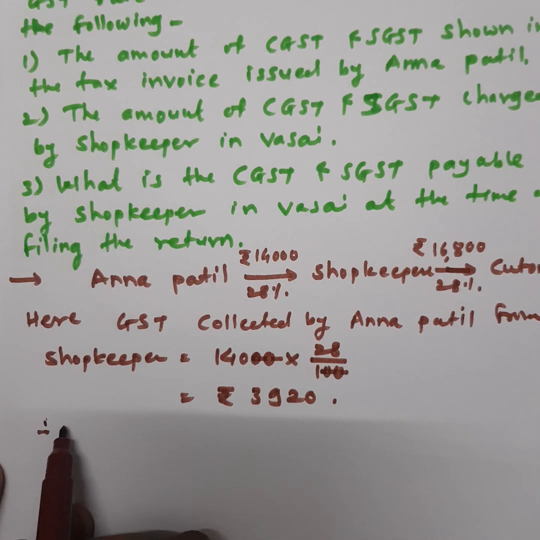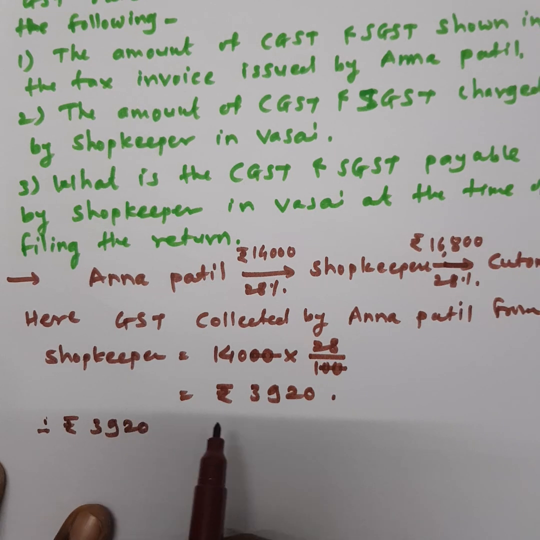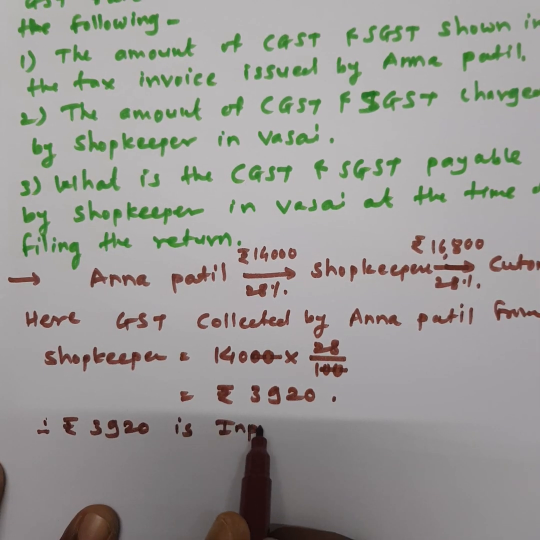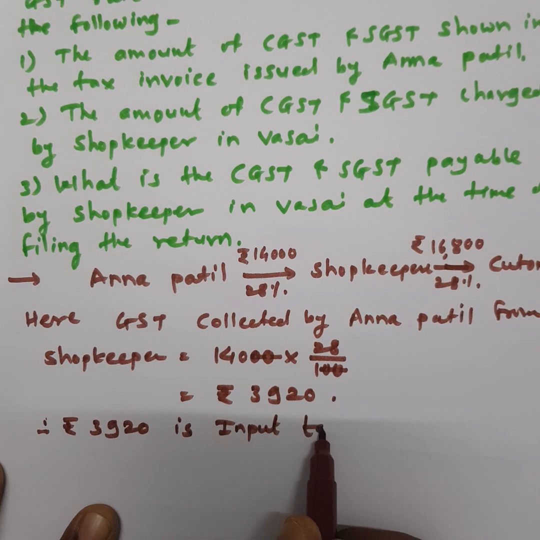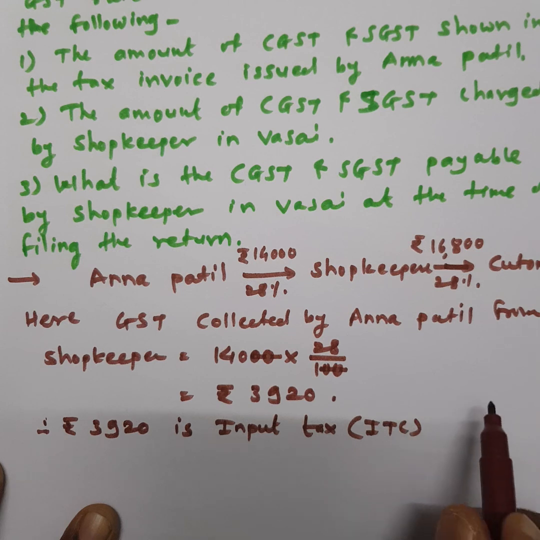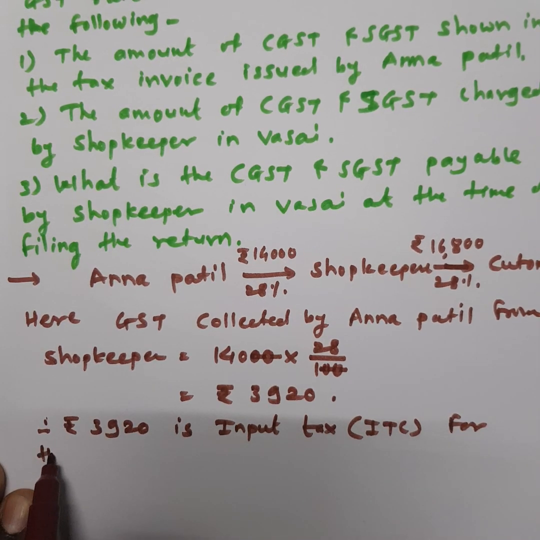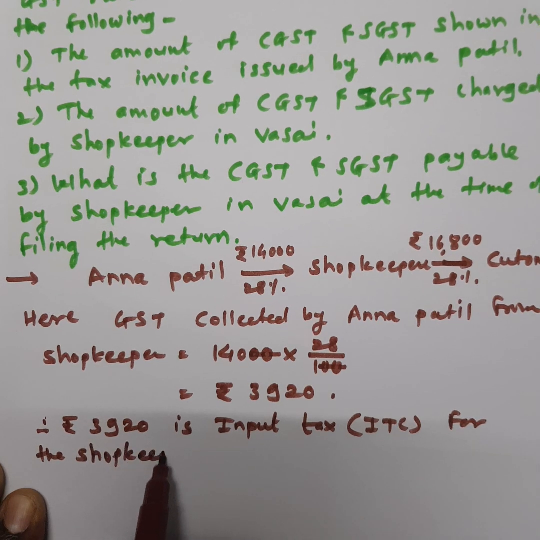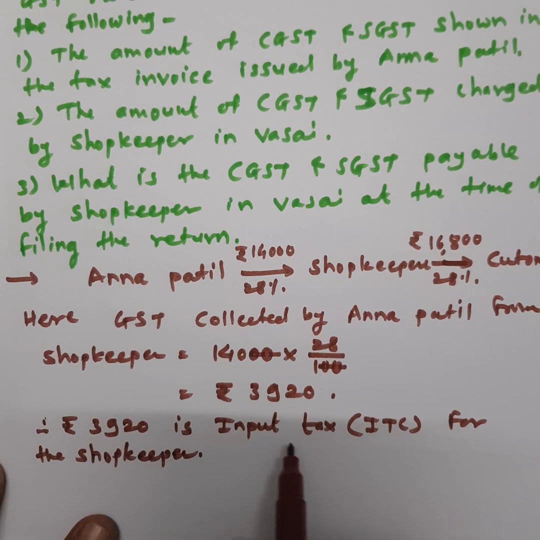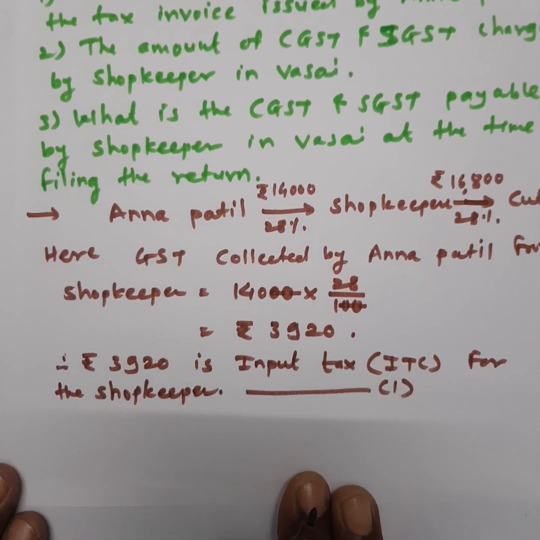Therefore rupees 3,920 is input tax or ITC for the shopkeeper. We'll give number 1 to this equation.